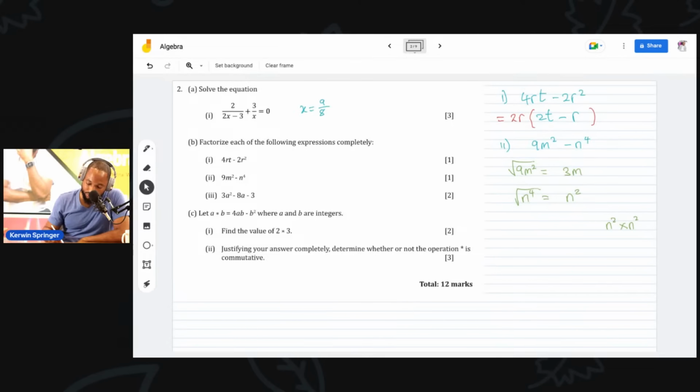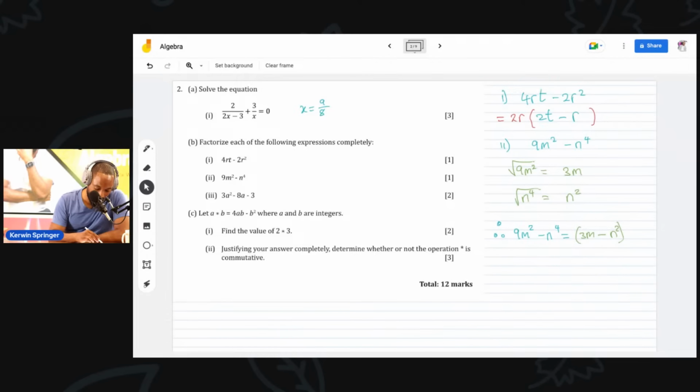Making sense? Now that I have the square root of both terms, I can finish off strong and say, therefore, 9m squared minus n to the power of 4 is equal to these two terms. I want to put them in a binomial situation like this: 3m minus n squared, multiplied by, I'm running out of space here.